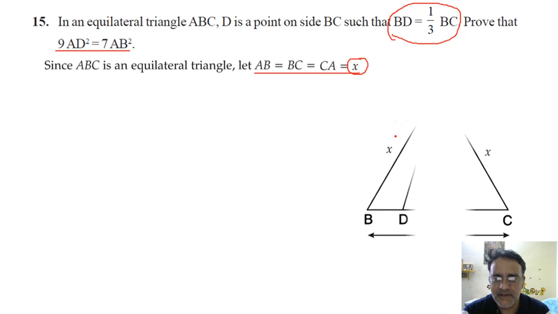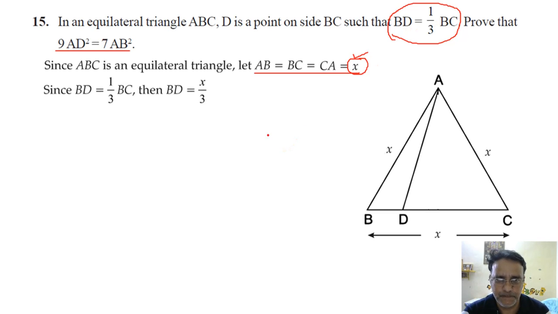Okay. So this is the rough figure. X, X, X, and D is the point such that BD is 1/3 of BC, and we took all 3 sides equal to X, so BD will be X by 3. This is clear.